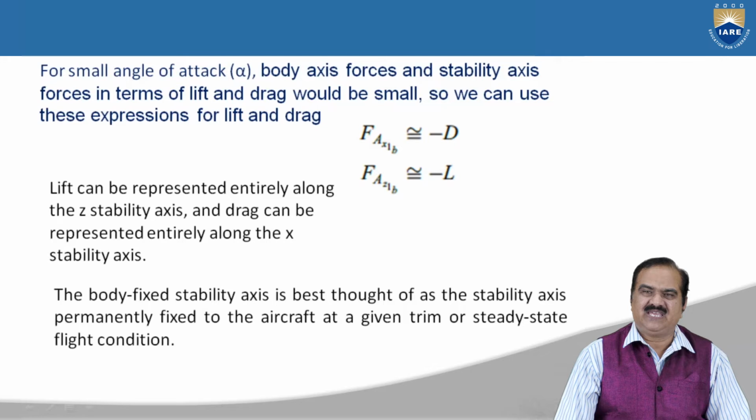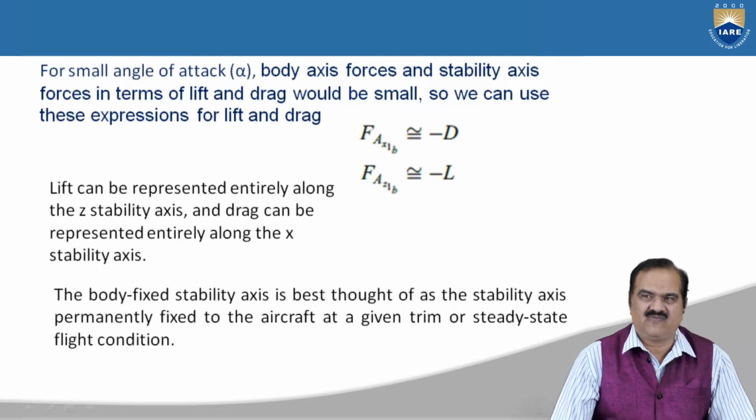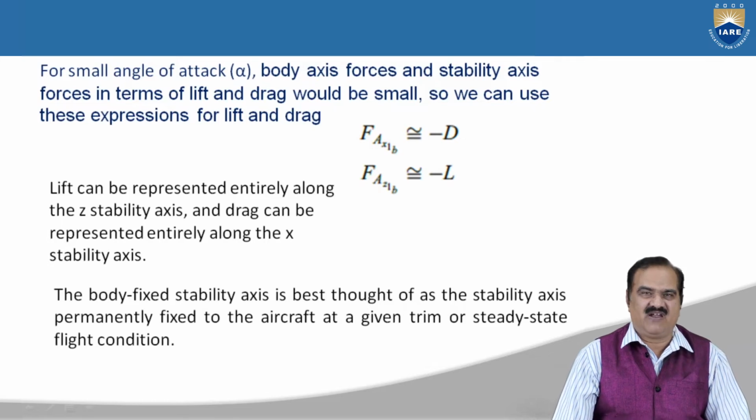The body fixed stability axis is best thought of as a stability axis permanently fixed to the aircraft at a given trim or steady flight condition.